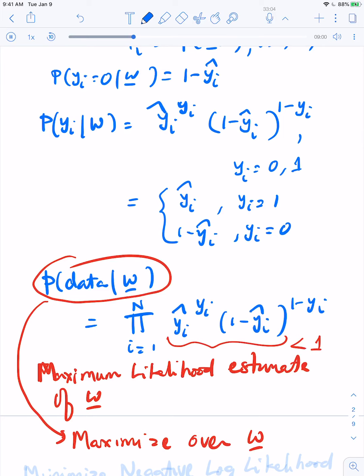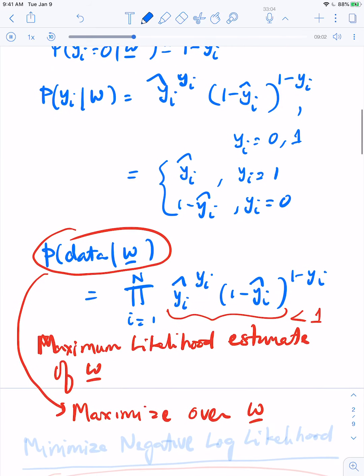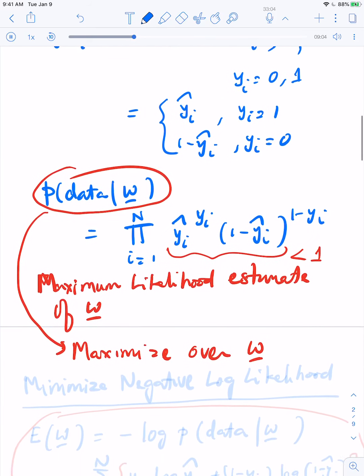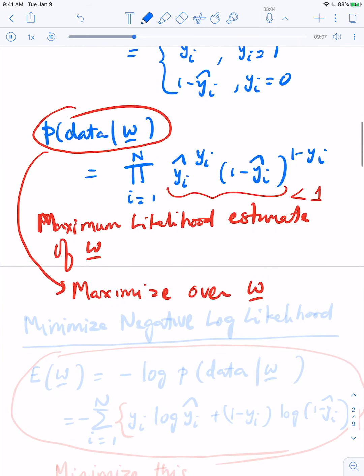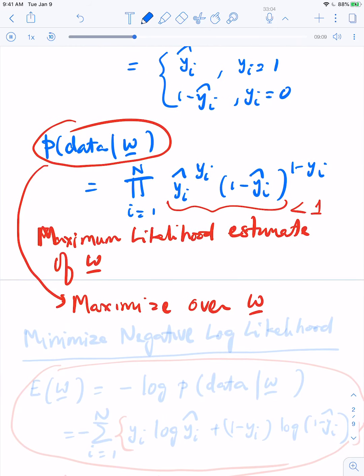So instead of that, let me take the negative log of this and get a positive quantity and minimize instead of maximizing. So instead of maximizing the likelihood function over W, we will minimize the negative log likelihood, right?